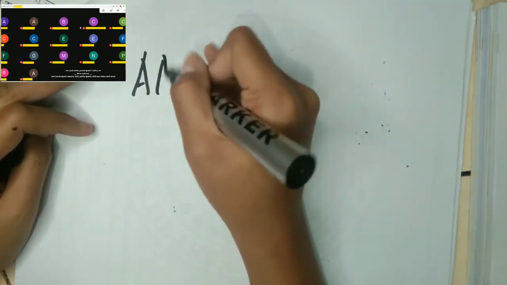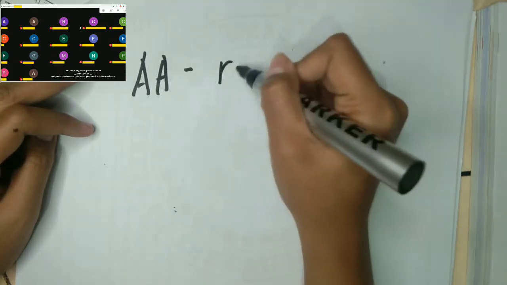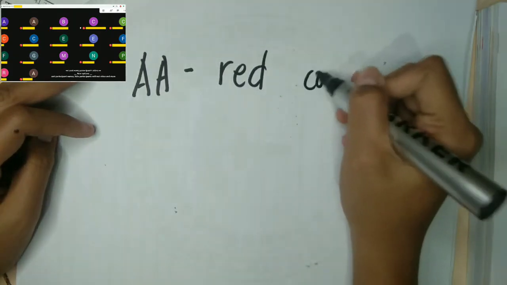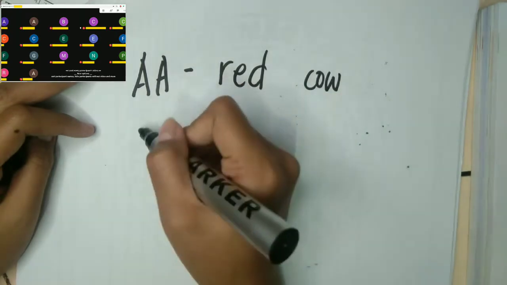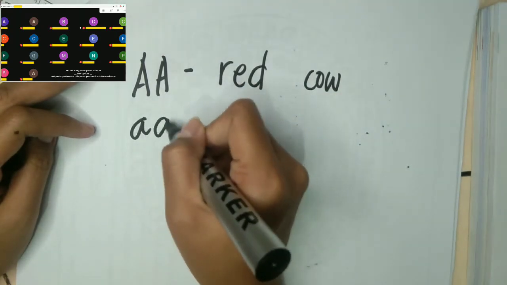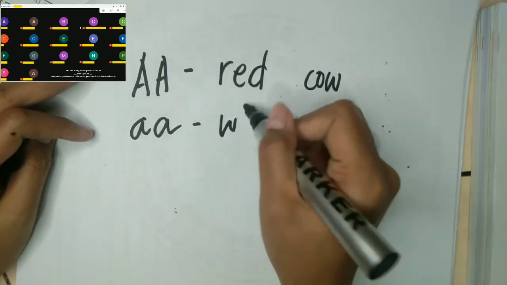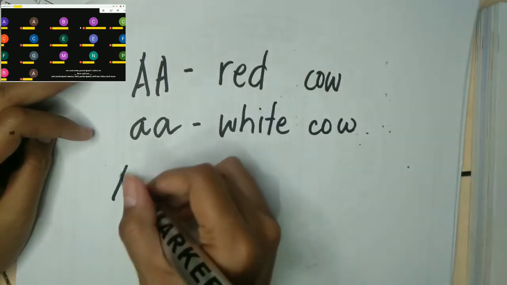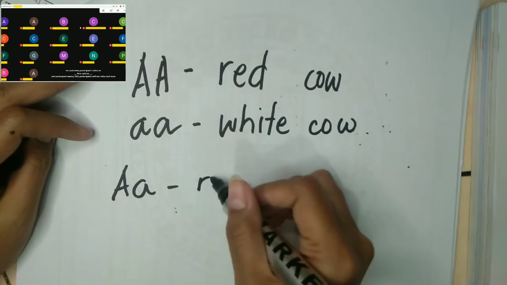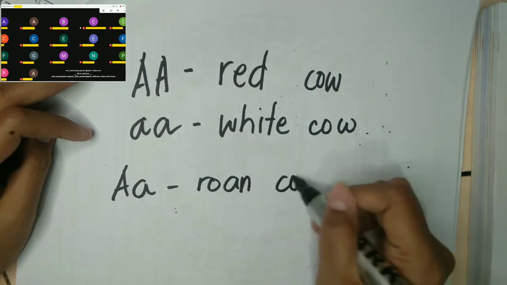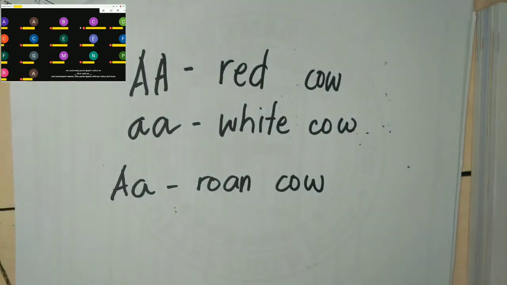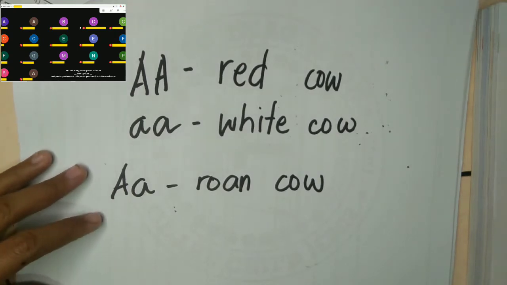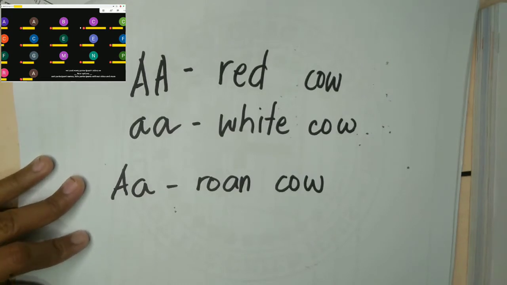So let's have double capital A for red cow, double small letter A for white cow, parent, and an offspring of capital letter A and small letter A for roan cow. Just refer to your book, page 468. Okay, follow.